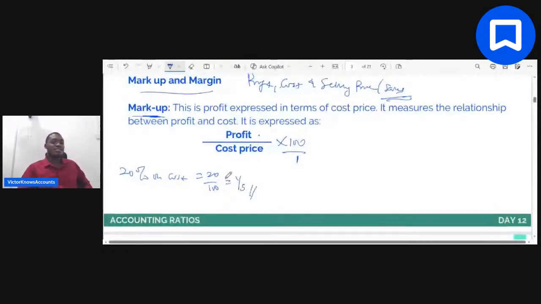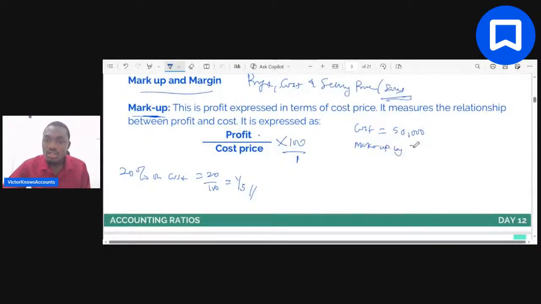Do you understand that? So let us say this example. Cost of your goods is 50,000 naira. Then you want to mark it up by 20%. It means that you want your profit to be 20% of your cost.